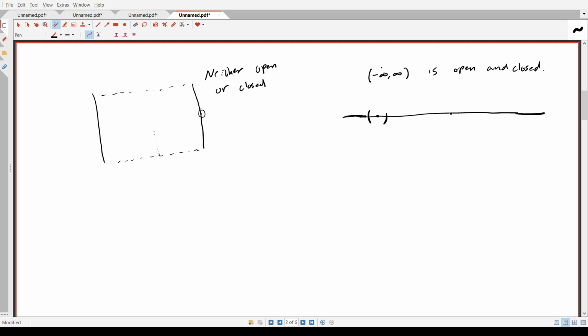It doesn't matter which interval I pick around it, it's still contained inside my set. So it's open. But also, if I take a limit of points, I'm never going to converge to something that's not in my set. So it's also closed. So it's possible to be open and closed. You probably won't see examples like that, but just know that it's definitely possible.